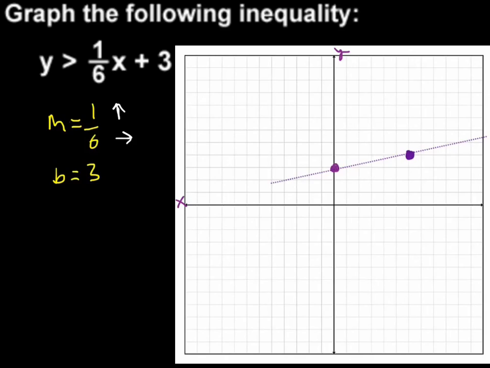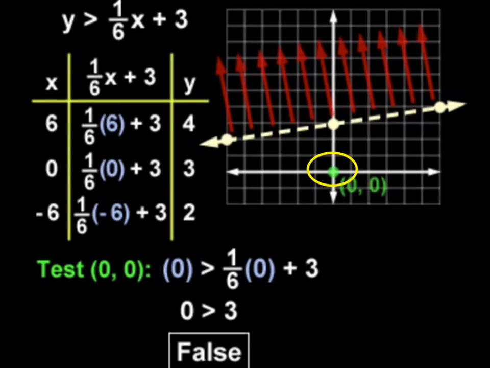Because this is +3. So now I would shade this way. And then let's look at the next example where I realized I was wrong. So 0, 0, and you plug it in, and you're going to get a false answer.